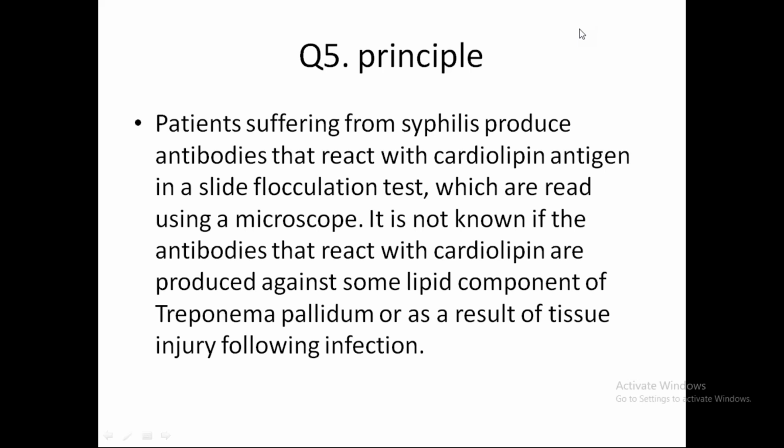But in the case of syphilis, the antigen that is used is not taken from Treponema pallidum, but it is extracted from beef heart, cardiolipin. That's why this test is called a non-specific test, because the antigen is not taken from the parasite itself, but from others.